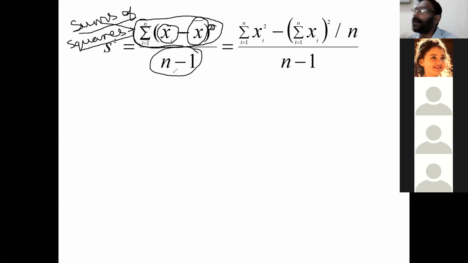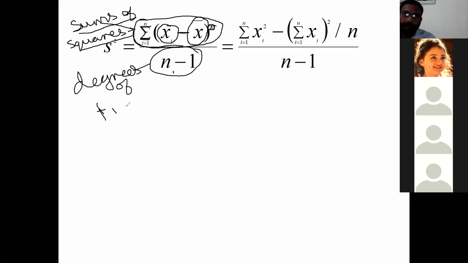Hereafter you will talk about this sums of squares very often. I will explain this later. This is called degrees of freedom. Sums of squares divided by degrees of freedom is actually called variance.